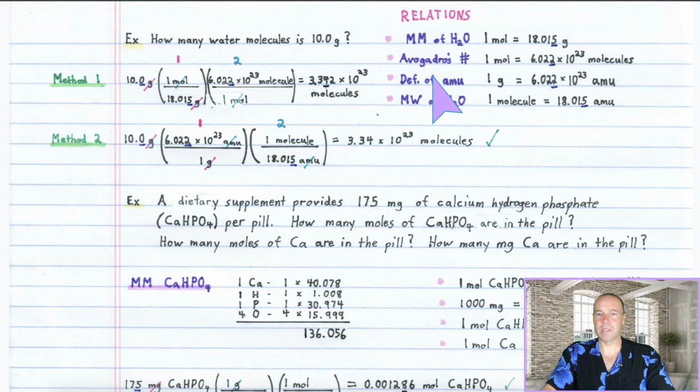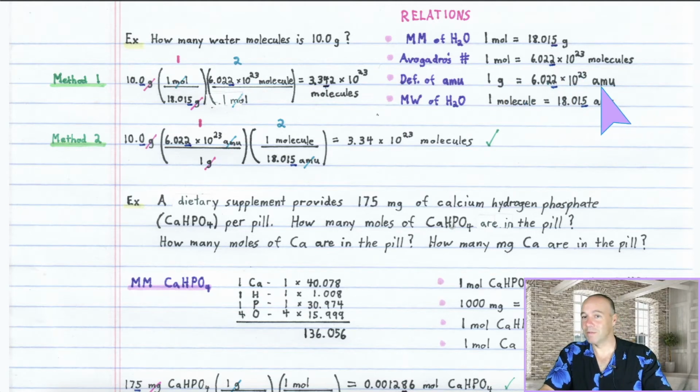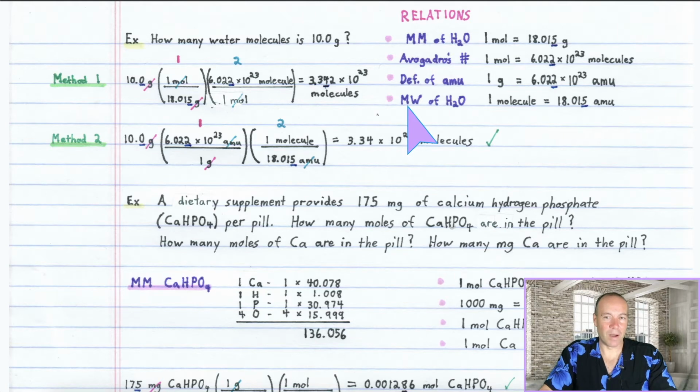From the definition of atomic mass units, we know that a gram of water is equal to 6.022 times 10 to the 23rd atomic mass units of water. It's just 2 ways to express the mass of water. And the molecular weight of water, so a molecule, equals 18.015 atomic mass units.